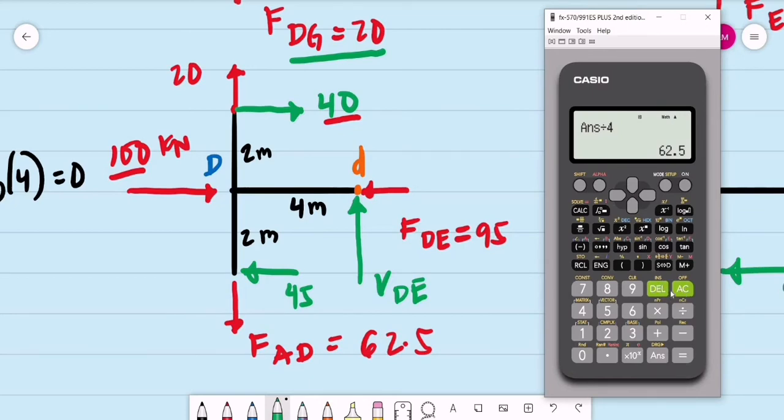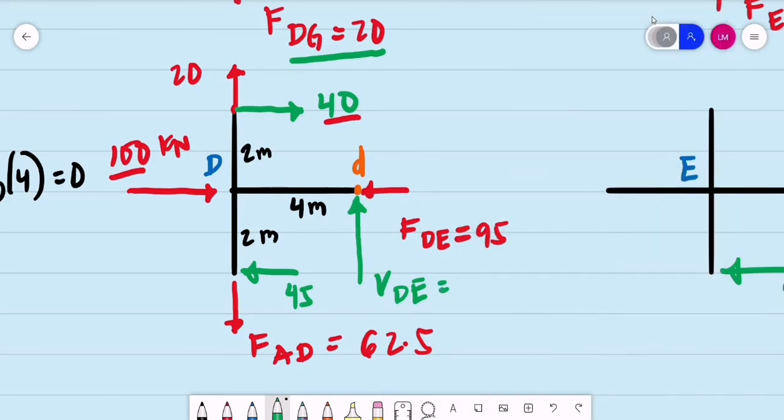So what are the vertical forces at joint D? We have that as 20 minus 62.5, the axial force for column AD. So it is negative 42.5. To be in equilibrium, we need it upwards. That is, the shear force for beam DE is now equal to 42.5 upward.